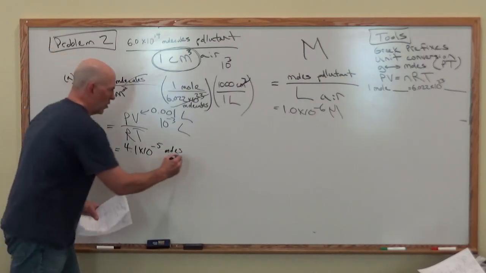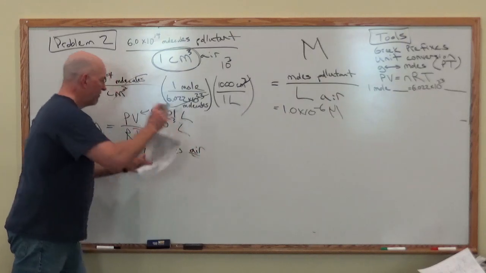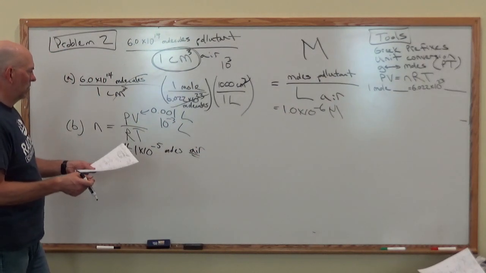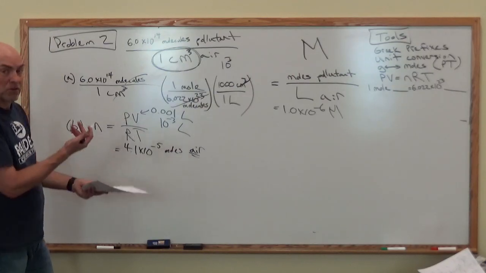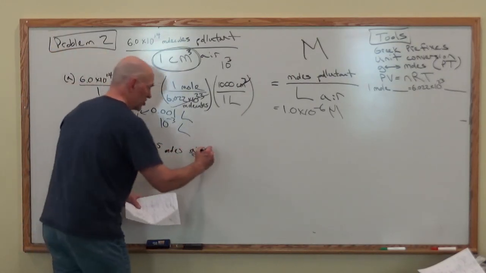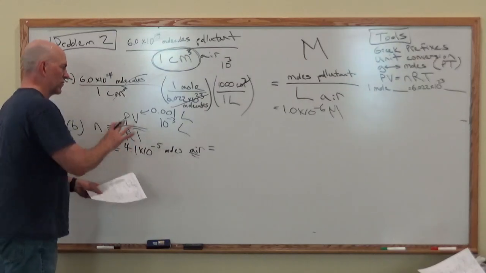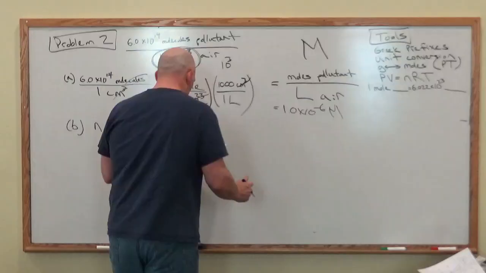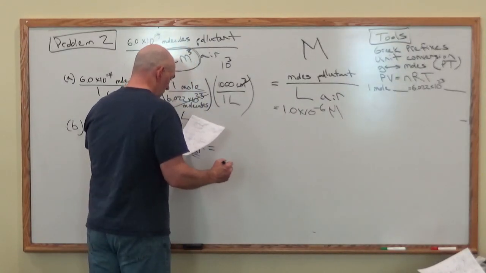Not pollutant, moles of air. So everything. And then, well, how do you go from moles to molecules? Just multiply by Avogadro's number. I'm not even going to show that. So show the unit conversion. Go from moles to molecules, because that's what this does. And I came up with, what did I come up with?